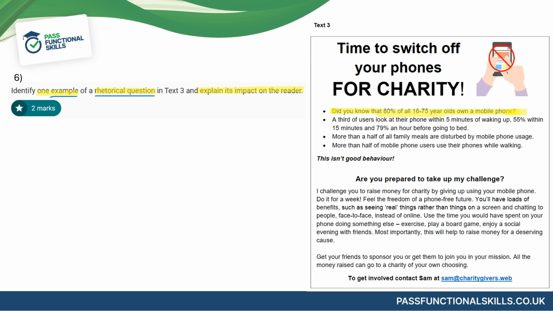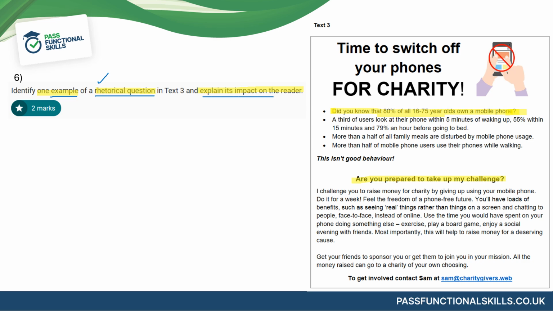That is not something that the author wants the reader to say yes or no to. It's just simply there to get the reader thinking about the topic and maybe their own mobile phone use as well. We've got another example down here: "Are you prepared to take up my challenge?" Either of those would be fine for your example of your rhetorical question for your first mark.